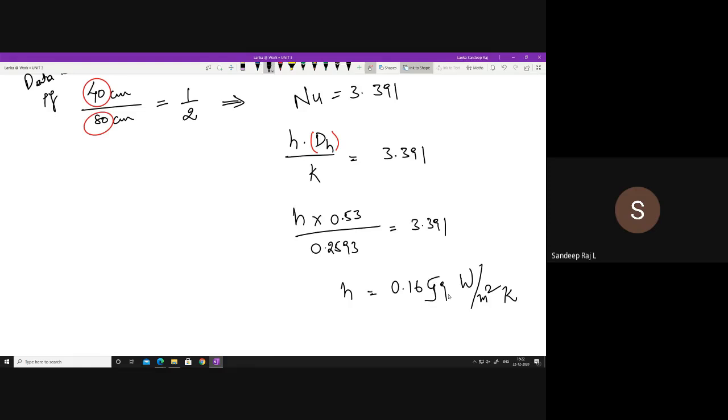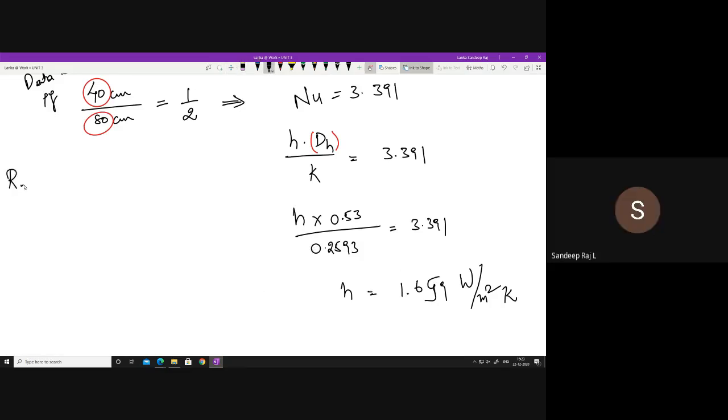Okay, that is the H value. Reynolds number greater than 2300. It is 1.659.